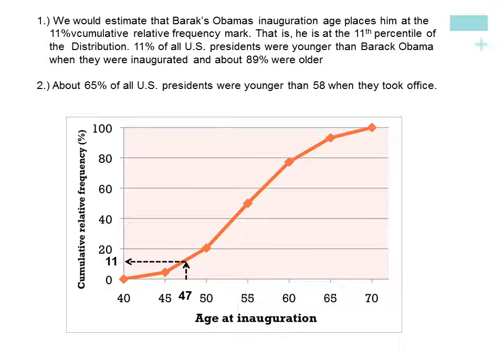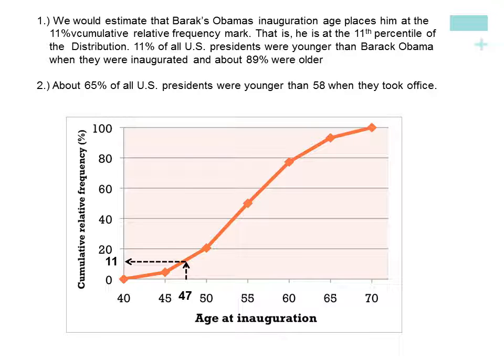Obviously, this is going to be an estimate. What does that mean? He's at the 11th percentile of the distribution. That means 11% of all U.S. presidents were younger than Barack Obama when they were inaugurated, and about 89% were older.